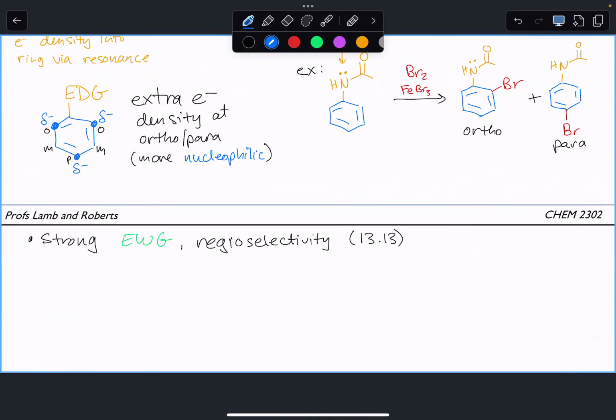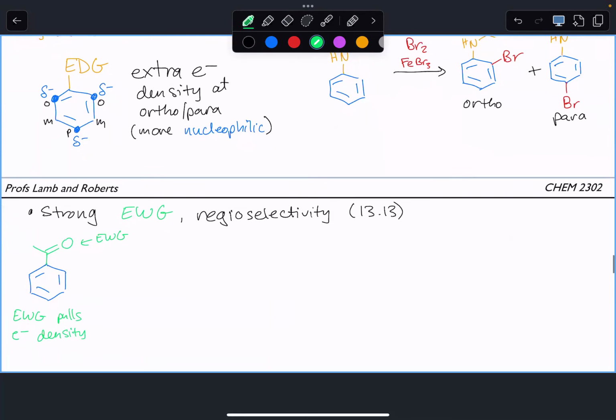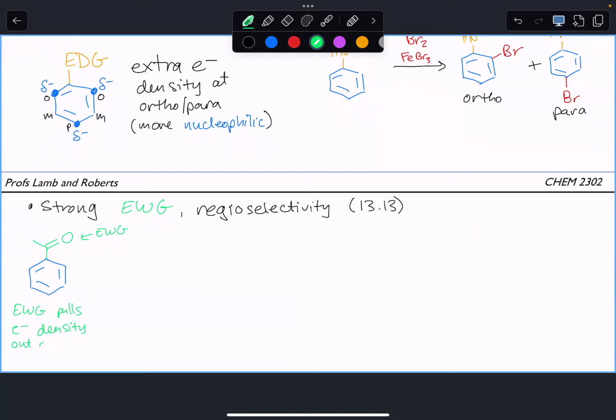Okay, so strong electron withdrawing groups, instead of having things that can push electron density into the ring, we're going to use things that can pull electron density out of the ring, like a carbonyl, like a ketone, for example. So this is an electron withdrawing group. So this electron withdrawing group pulls electron density out of the ring.